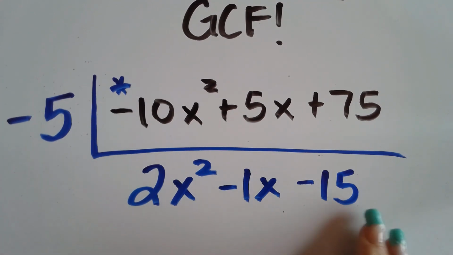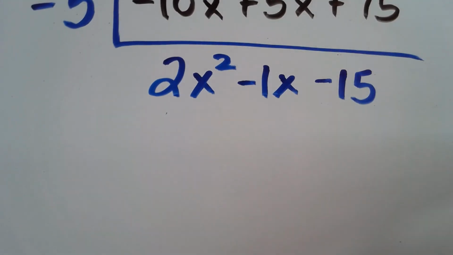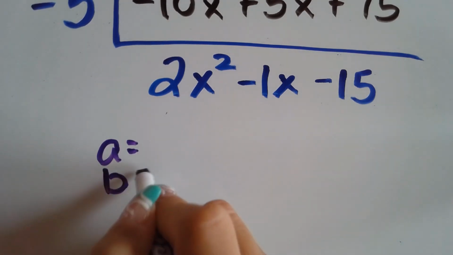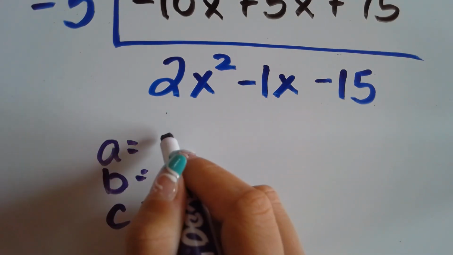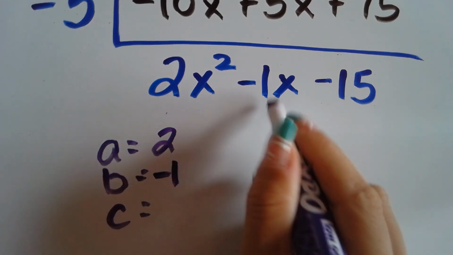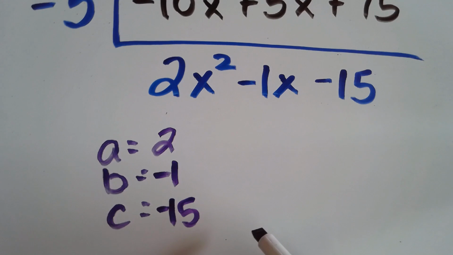Now, we have nothing that we can pull out of this new trinomial. So let's go ahead and get into our factoring here. So the first thing we always do is we're going to write our A, B, and our C. So our A is going to be 2. Our B is going to be negative 1, you take the sign, and our C is going to be negative 15, okay?